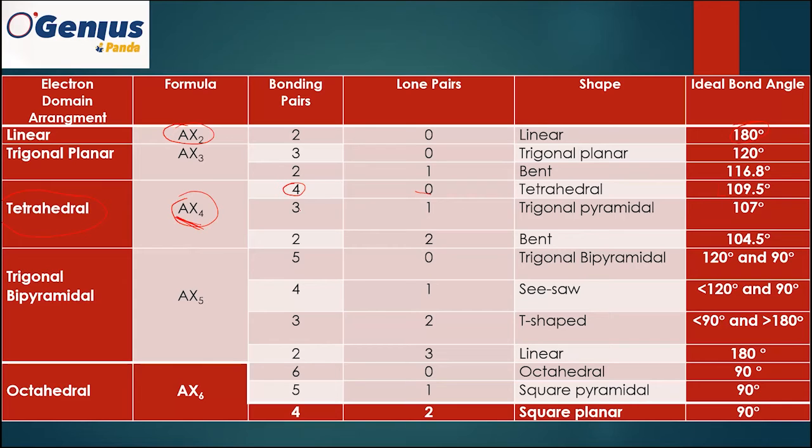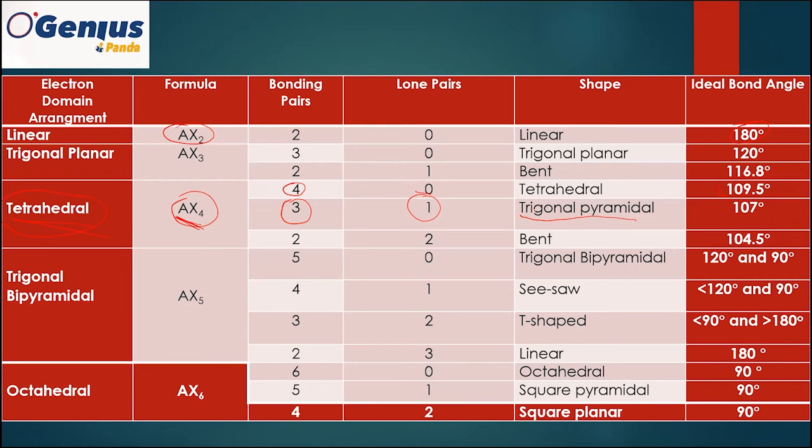There is also a possibility of having three bonding pairs with a single lone pair. In that case, the arrangement of electron domains, or orbitals, will be different from this shape. You can see here we have tetrahedral, but here it is trigonopyramidal.